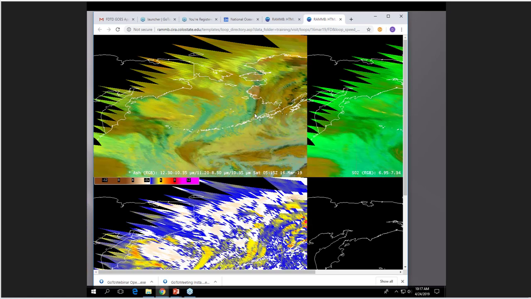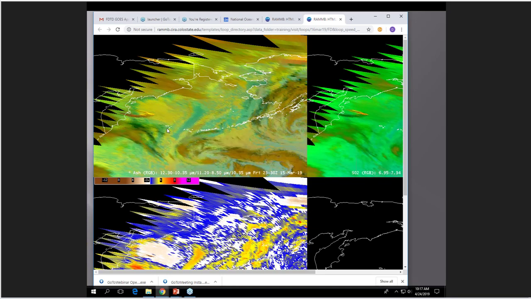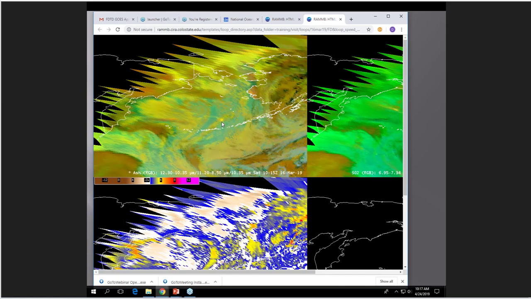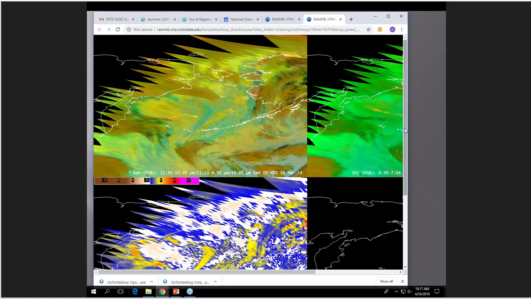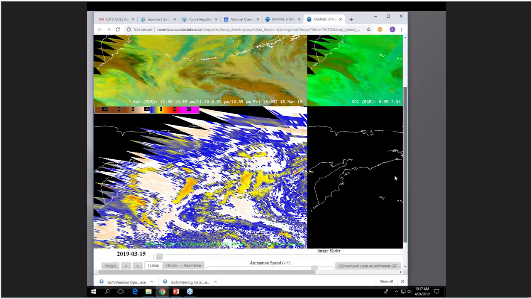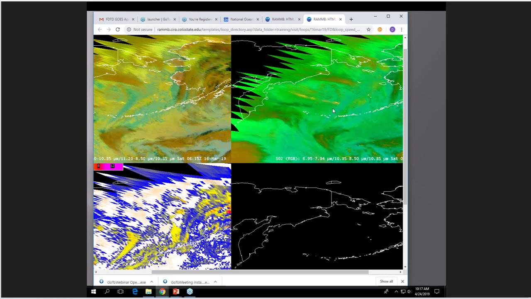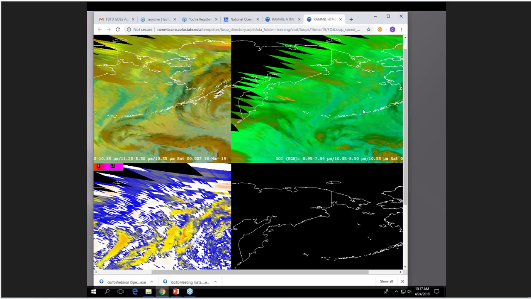The edge of Himawari is about in this location. We see the plume on the GOES15 from a different perspective to the west that's visible all the way up till about 12Z on the 16th. If I move that over, you can see the plume on the SO2 RGB up until about 12Z.